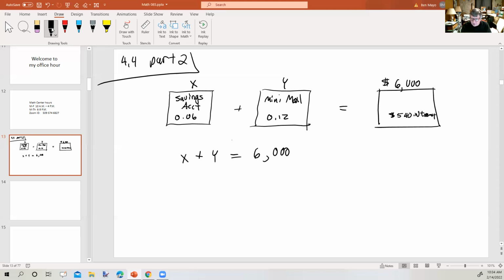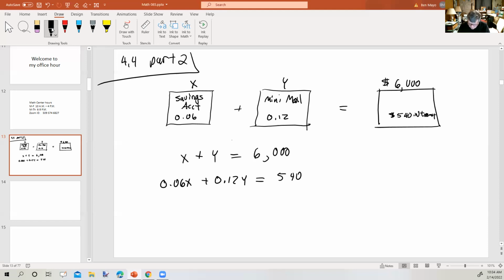So the interest for the savings account using I equals PRT, P, the principal, would be X, R, the rate, would be 6%, and T would be the time. So the interest for the first one would be this. The interest for the second one would be that, and the total interest would be that. Any questions about where I got that second equation?